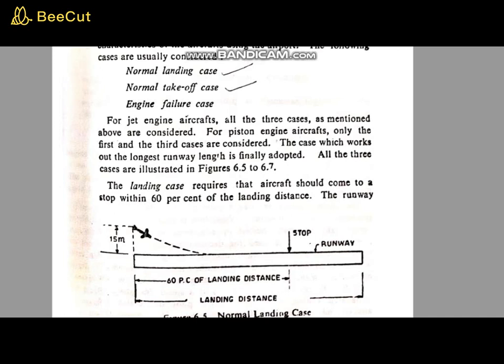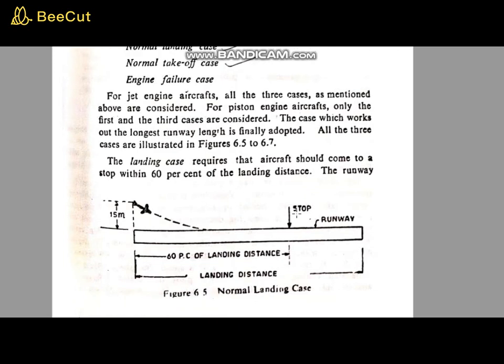Now see the landing case, the first one, normal landing case. The landing case requires that the aircraft should come to a stop within 60% of the landing distance. Here the landing is done from the total runway.